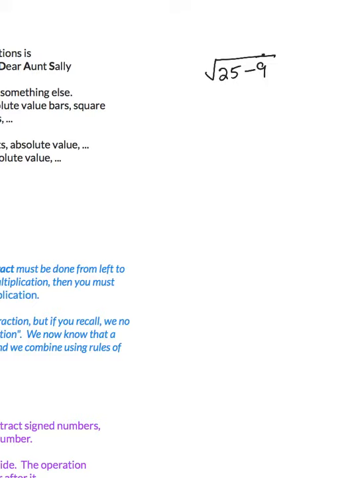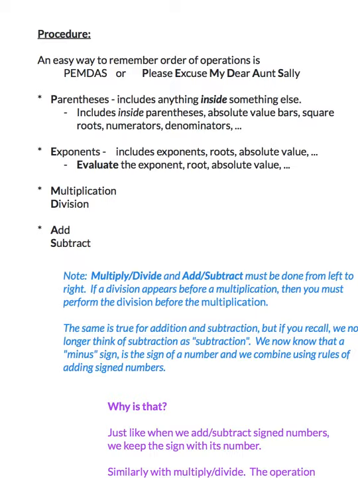So I want to combine 25 minus 9, giving me square root of 16. This counts as my parenthesis step. My next step is to evaluate the square root, and the square root of 16 is equal to 4. This counts as my exponent step. So that's one thing to keep an eye out for when we talk about these things.